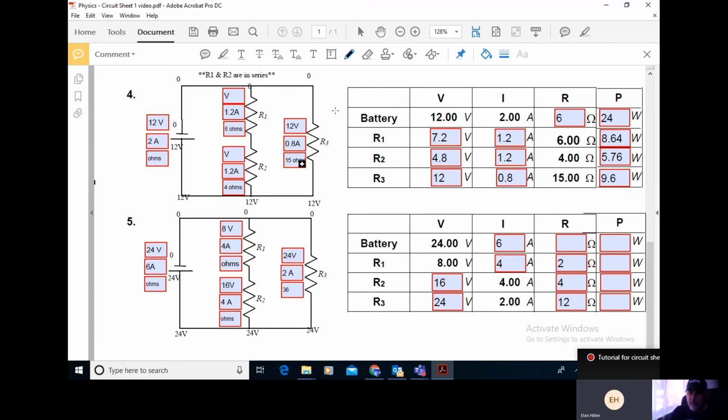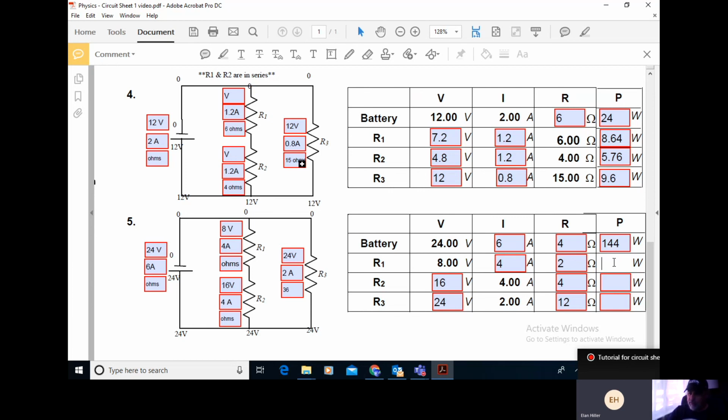Okay, Ohm's law calculation will help us fill out the last box here for resistance, and 24 volts divided by 6 amps is 4 ohms of total resistance for the circuit. Okay, filling out your power, 24 times 6 would be 144 watts of power.